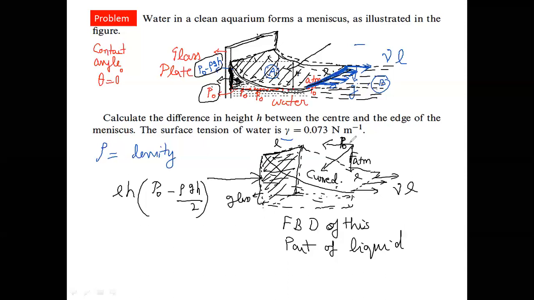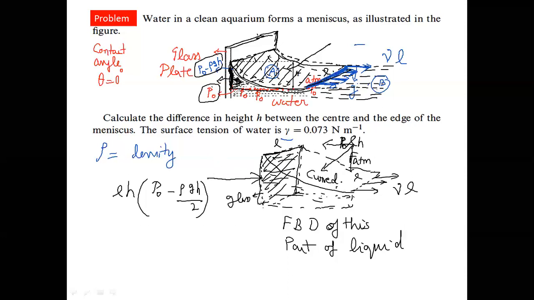So the component of force to the left side should be P naught multiplied by the projected area on the wall of the aquarium, and that is L into H. We are not interested in the vertical forces. We will consider the horizontal forces on this part of liquid.